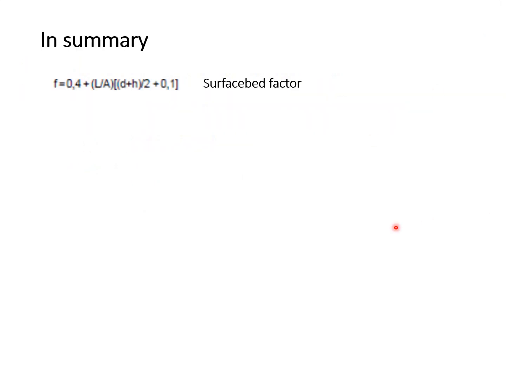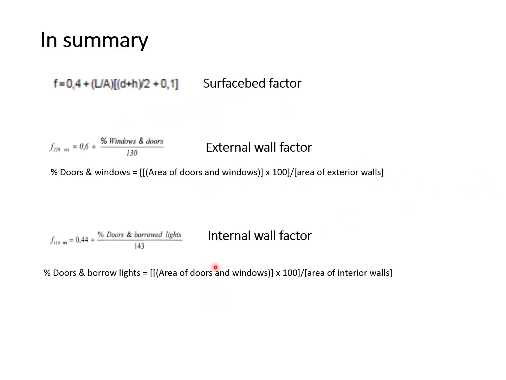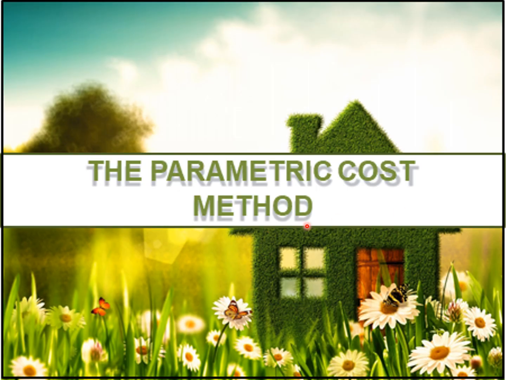Okay. So in summary, the following factors are necessary: your surface bed factor, your external wall factor, and your internal wall factor, which you should be able to calculate. Then we get to the parametric system, and as I've mentioned, this is usually the get out of jail free card.